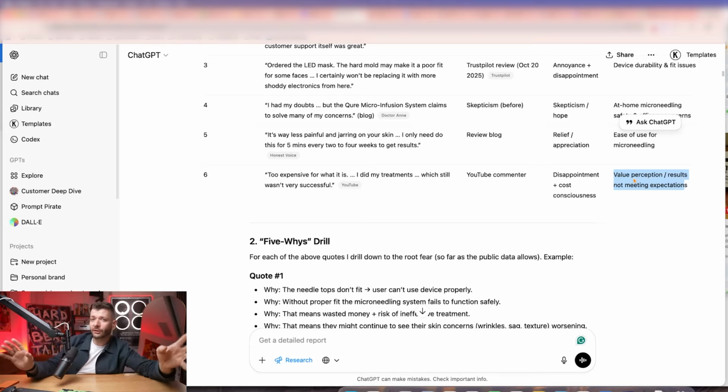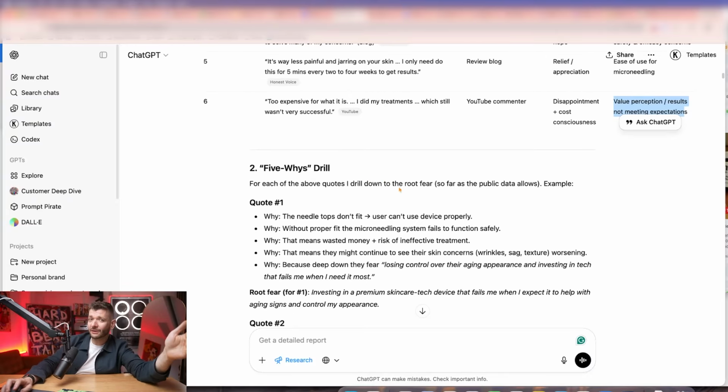Like you have to explain, okay, our products are more expensive because we use these kinds of ingredients, we source them from this country, we have these expenses in our business, and that's why the product costs what it costs. And if it didn't work for you, maybe something that you did wrong, or maybe you didn't use the product properly. So now all of that can become material for the ads that you're using.